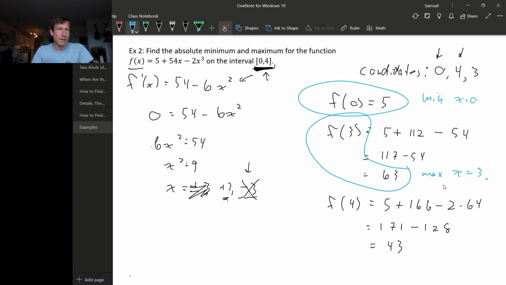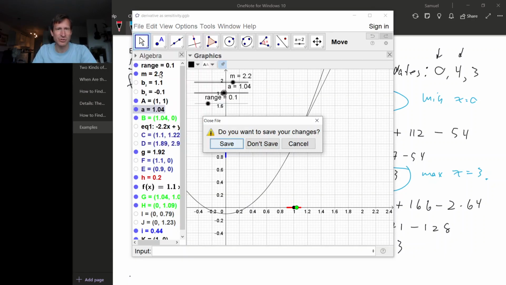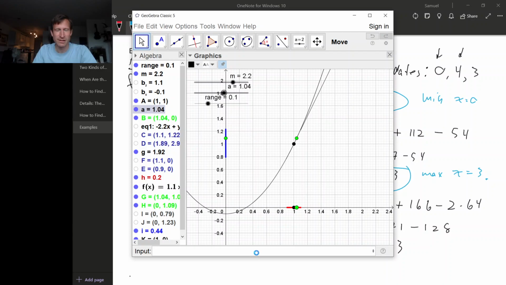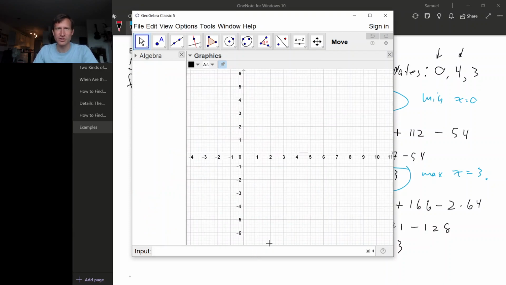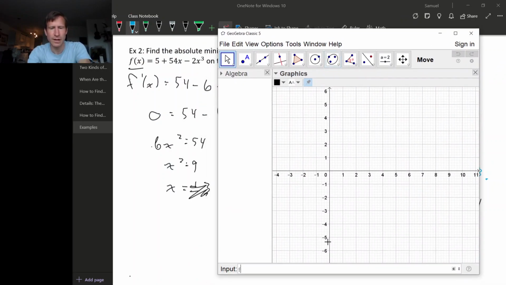All right. Now, what we see if we actually graph this function, let me get GeoGebra, get a new file. Let's actually graph this function. So f of x is 5 plus 54x minus 2x cubed.